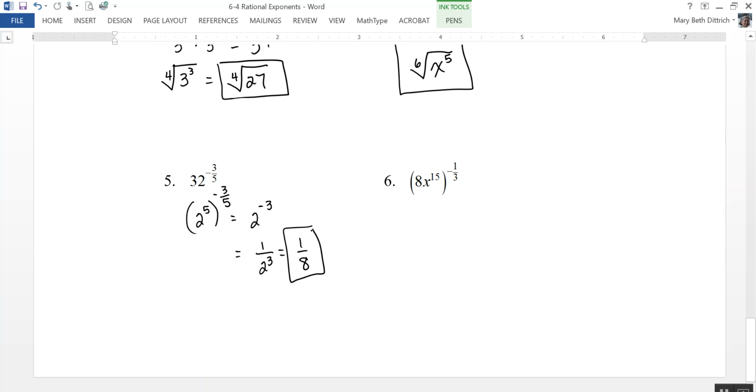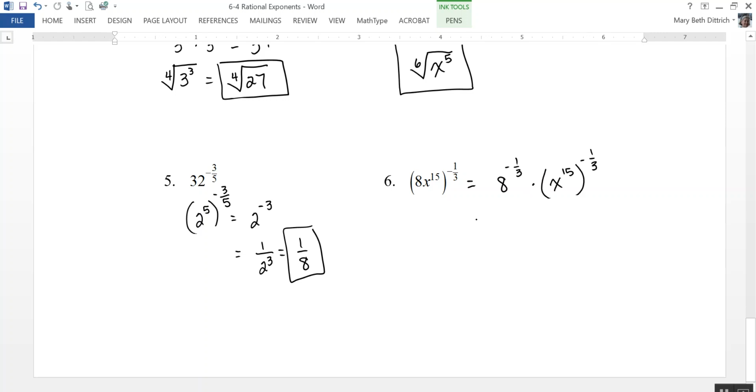And our last example is the quantity 8 times x to the 15th, all raised to the negative 1/3 power. I'm going to rewrite this as 8 to the negative 1/3 power times x to the 15th to the negative 1/3 power.